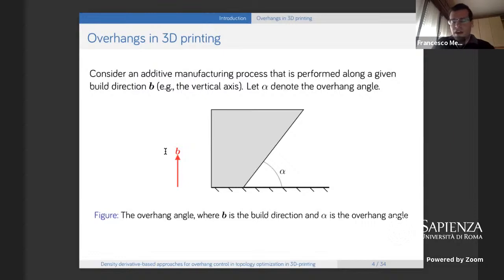So this is just a simplifying assumption to ease the presentation of the approaches, and we will also mention what happens for general build directions. And we will instead denote by the letter alpha the overhang angle.